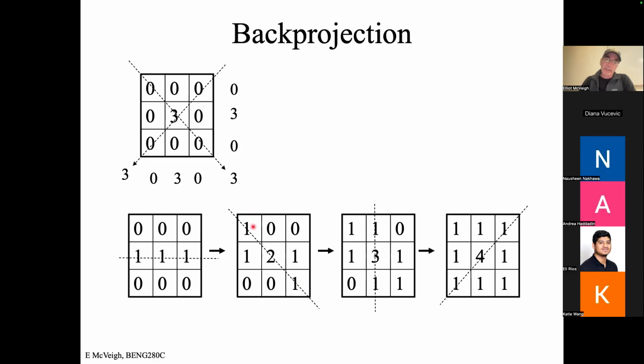So we put a 1 in here, we add 1 to here, we add 1 to here. So that gives us 1, 2, 1, because we already had a 1 in the middle, had a 0 in the corners. And when we project in a vertical direction, we'll put a 1 here, add 1 here, and a 1 here. And that gives us essentially a 3 in the middle. And then on this diagonal, we'll put a 1, 1, 1, and it's a 4 and a background of 1.